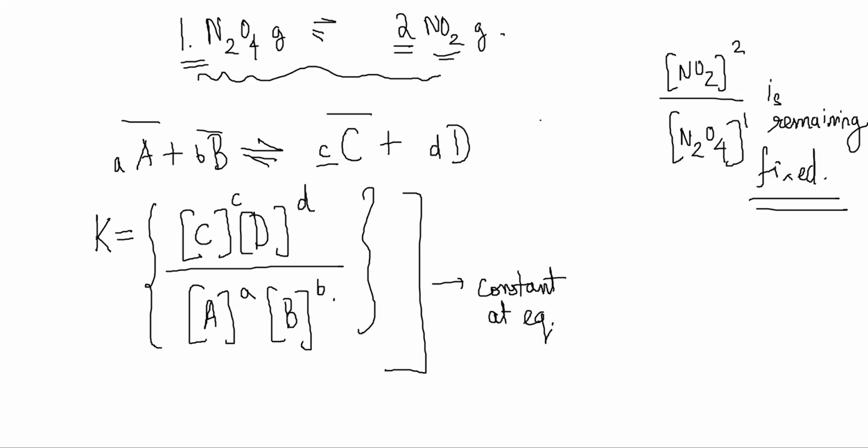The reason is that the concentration of pure solids and pure liquids is always the same. If you think about it, water, what is the concentration? It will come out to be 55 molar. If you have pure liquid water, always there will be this many moles per liter. So water concentration doesn't change, so you don't need to put that in that equation.